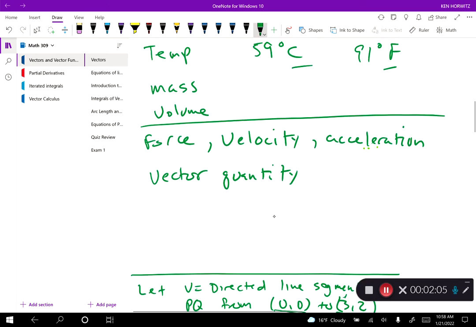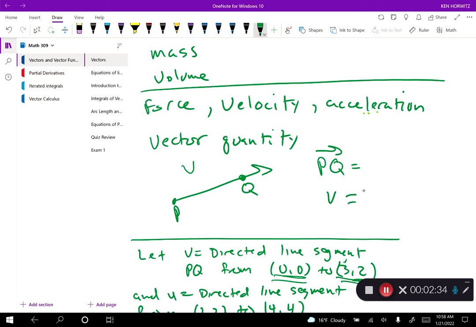So, for example, if I have point P here and point Q here, we can call this vector PQ. Or if I say this is vector V, I could say vector V. And if you wanted to put units in here, or put numbers in so you can know where it is in space, usually you use those pointy brackets.